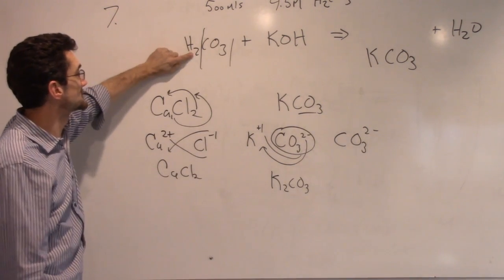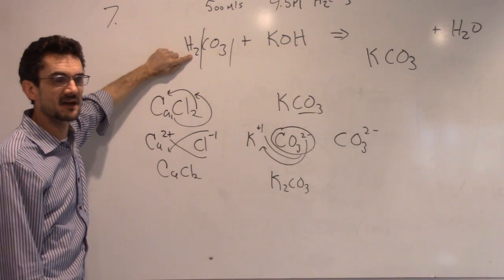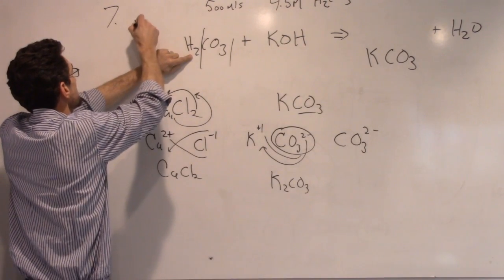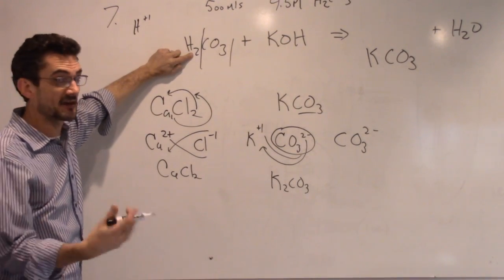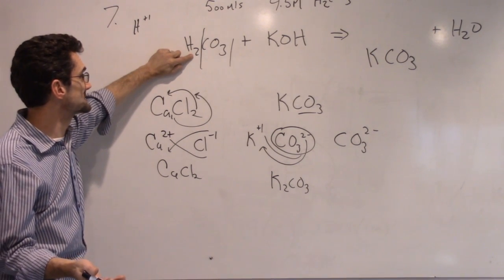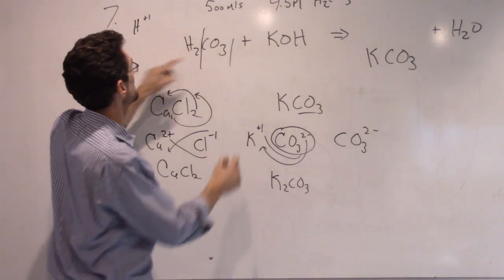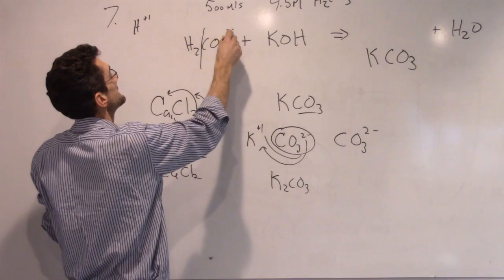Yeah, because there's a 2 down here, right? I have 2 hydrogens. What's the oxidation state of hydrogen? Hydrogen's a +1, right? So I have to have 2 hydrogens here for some reason. Why would I have to have 2 hydrogens here? Because this CO3 charge is actually -2. This 2 came from this, right?